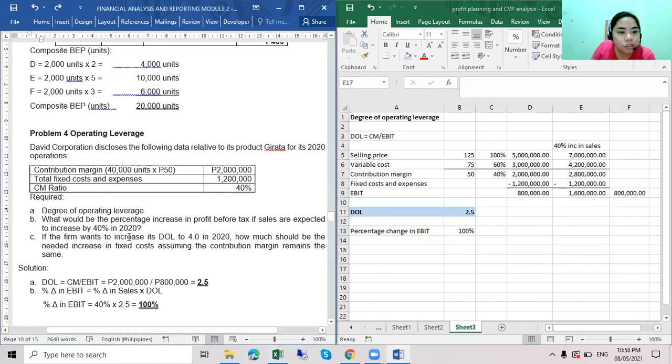If the firm wants to increase its DOL to 4.0, how much should be the needed increase in fixed costs, assuming the contribution margin is still the same?